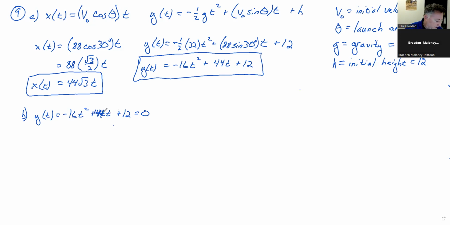And we did this in class, but it's not something that you absolutely have to do. But if there's a number that goes into all three of those, I would just go ahead and divide it out. So you could divide all three numbers by -4. And now it's just easier to either factor or use the quadratic formula.